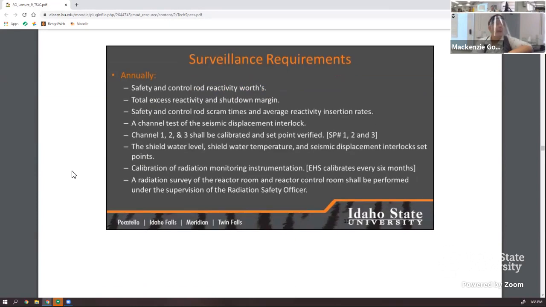Okay, I'm not going to read to you each one of the surveillance requirements. Do be aware that each one of these is going to feed back into one of our LCOs or our limiting safety system settings. There are some questions in the quiz that require you to be able to look these up, right?